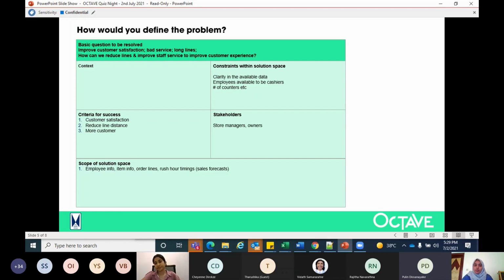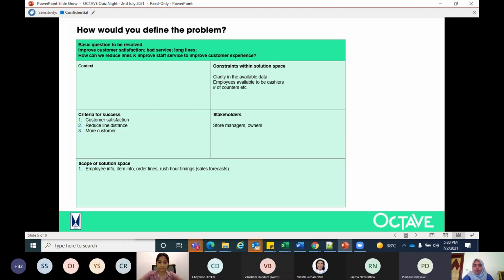And the other problem was the employees available for the cashier. There are a number of employees in the store at the moment, and we can't assign all the employees to the cashier. There are other departments as well in the store, and we need some for those departments as well.